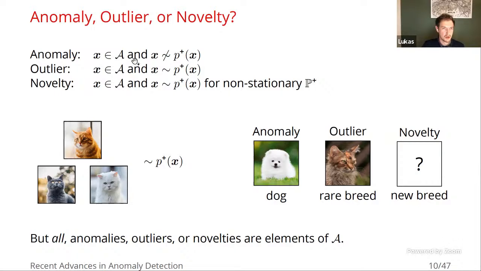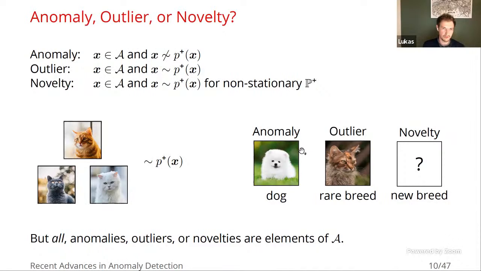So an anomaly would be a sample from a low density region, but that was sampled from a different distribution. So here, for instance, the dog. An outlier is a sample from a low density region, but from this distribution. So here, for instance, a rare breed of cats, so this La Perm cat.